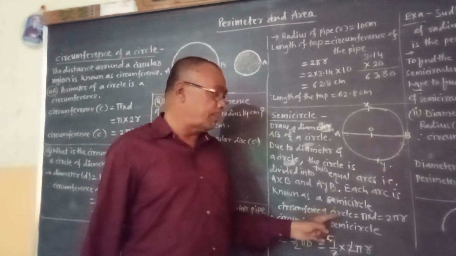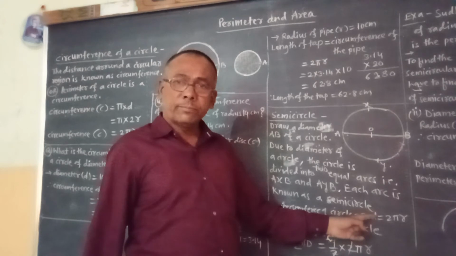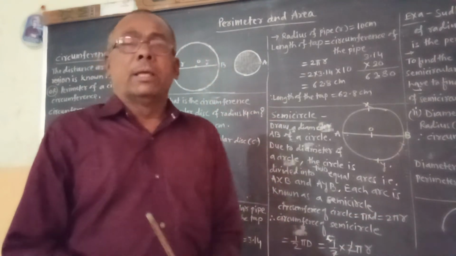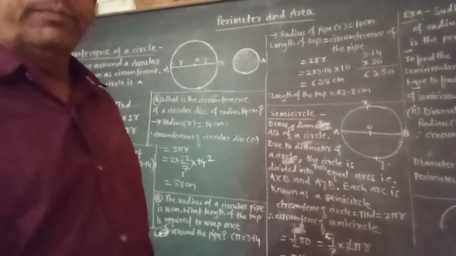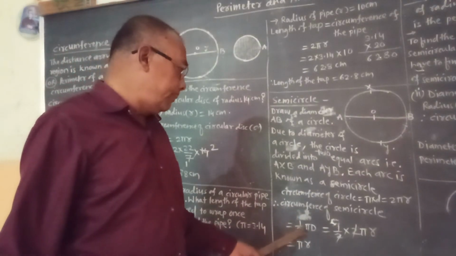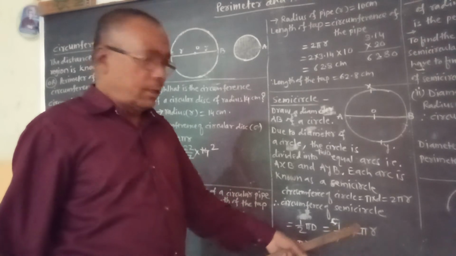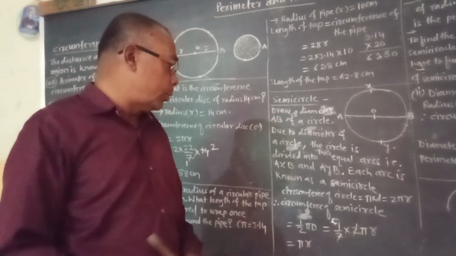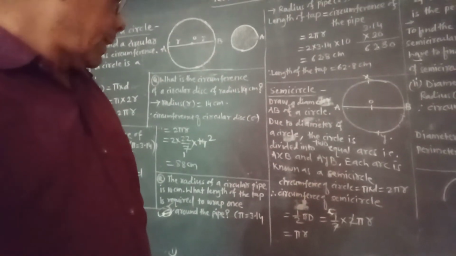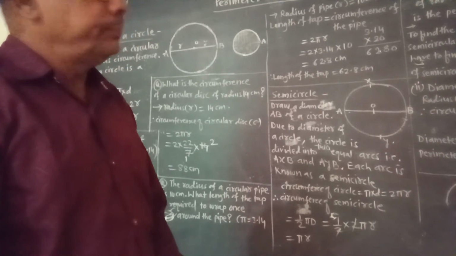Here circumference of a circle is equal to pi into d, or it will be 2 pi r, and therefore circumference of semicircle will be 1/2 into pi d, or that is equal to 1/2 into 2 pi r. Here 2 will get cancelled, and therefore circumference of a semicircle will be pi r, or 1/2 pi d.